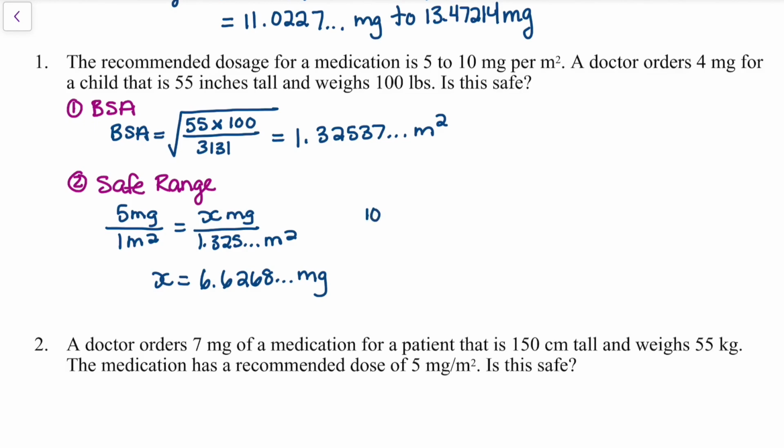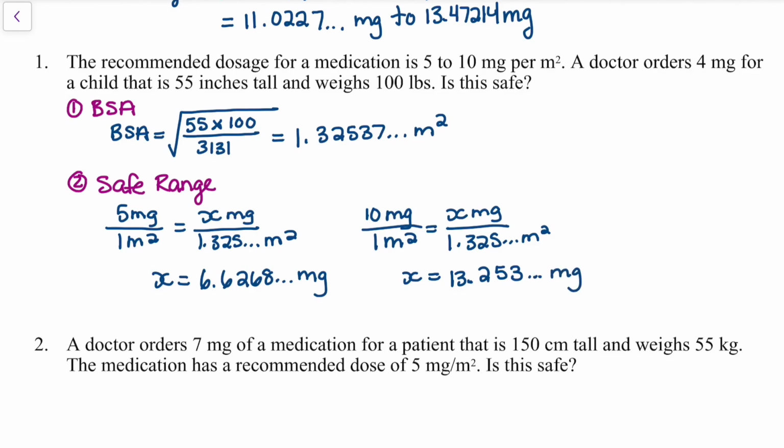And if I look at the higher end of that range, which is 10 milligrams per meter squared, I get 13.253, so on and so on, milligrams.